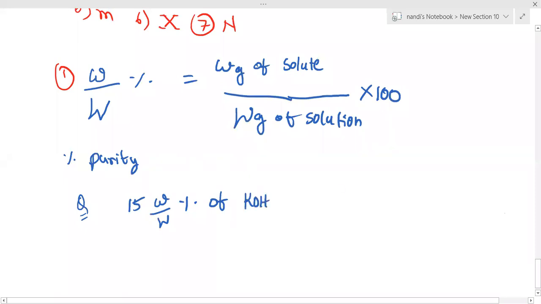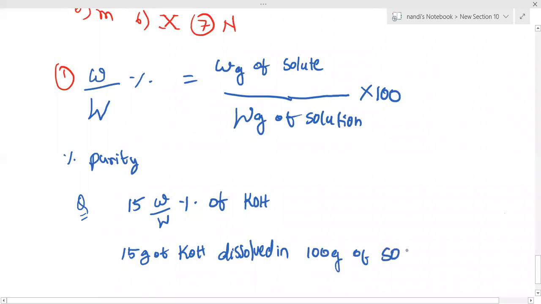What is the meaning? This means 15 grams of KOH dissolved in 100 grams of solution. This is the meaning.